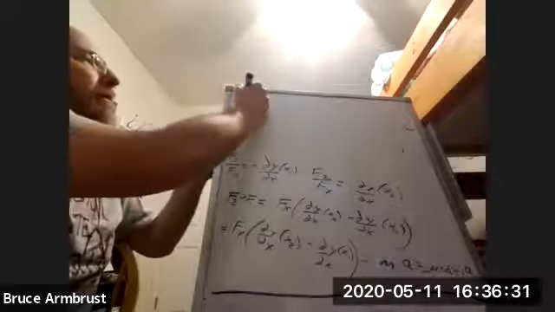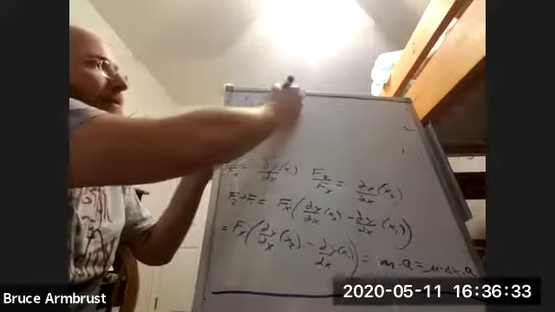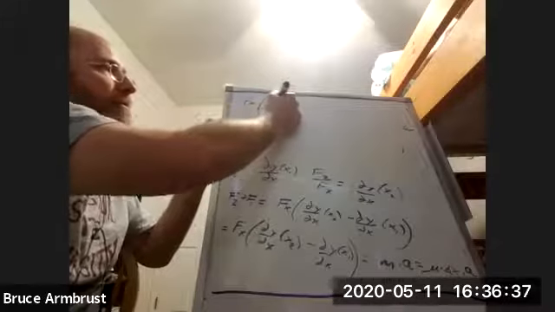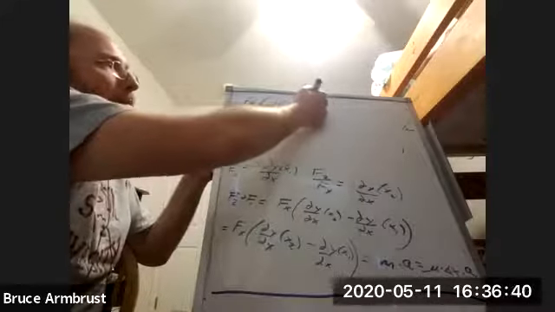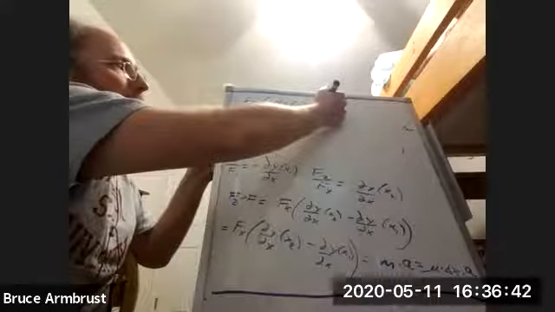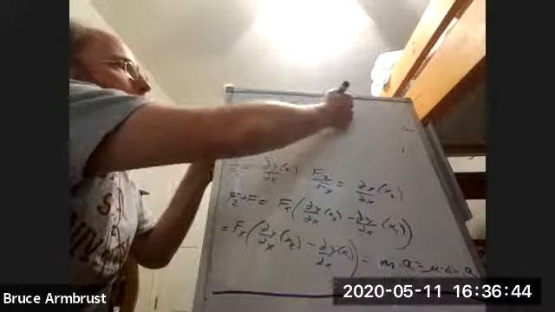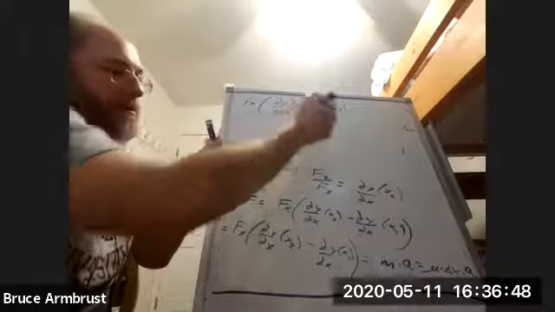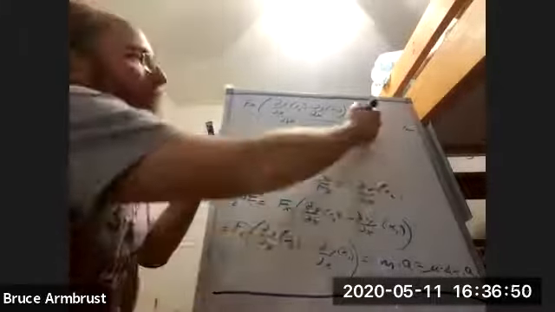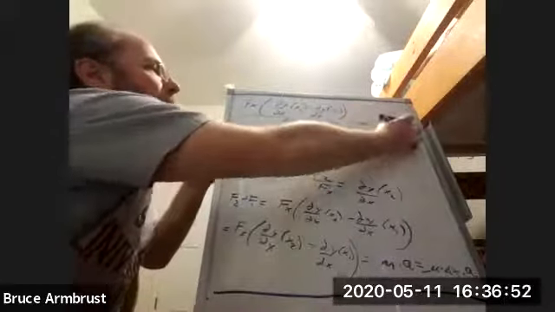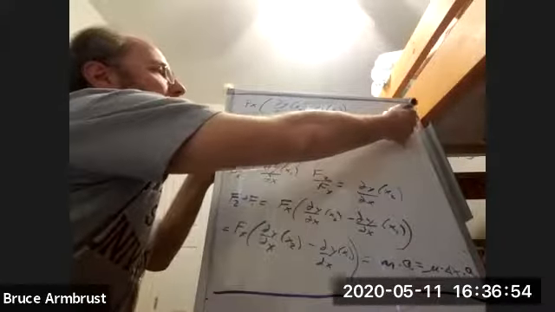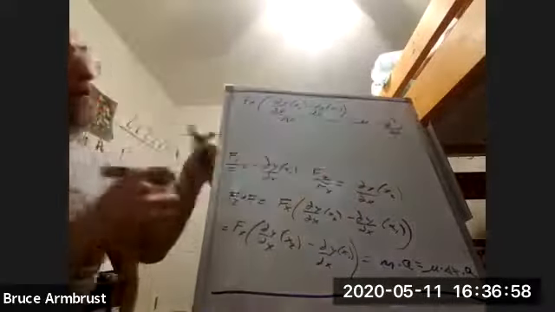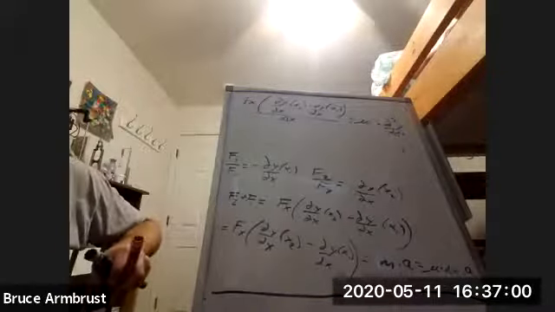So we can write Fx times this partial business over delta x, and then that's going to equal mu times the second derivative with respect to t, because that's our acceleration.